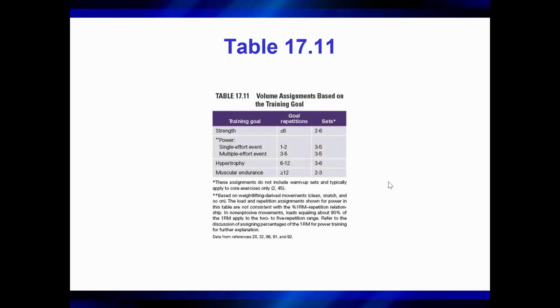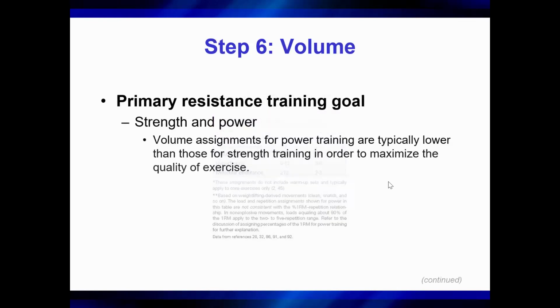For power, again, this is based off of the weightlifting derivatives, I'm going to be looking at 1 to 2 reps per set, 3 to 5 sets for things like my throwers, versus team sport athletes, who will typically be looking at 3 to 5 reps and 3 to 5 sets at the intensities that we looked at in a previous slide that looked just like this. Hypertrophy, we're typically looking at 6 to 12 repetitions and 3 to 6 sets of that. And then muscular endurance, greater than or equal to 12 reps, 2 to 3 sets of that.